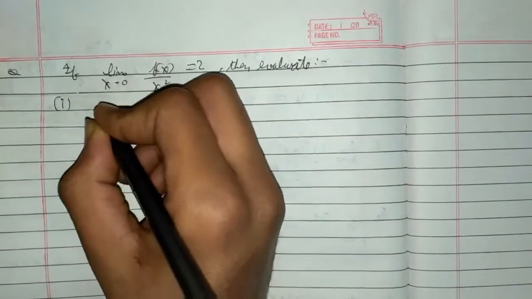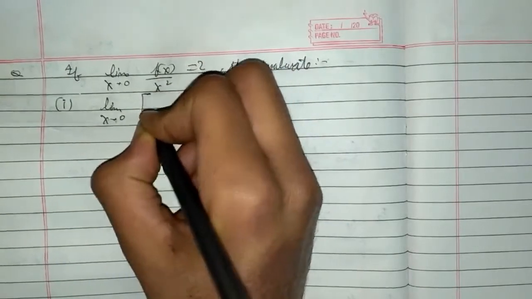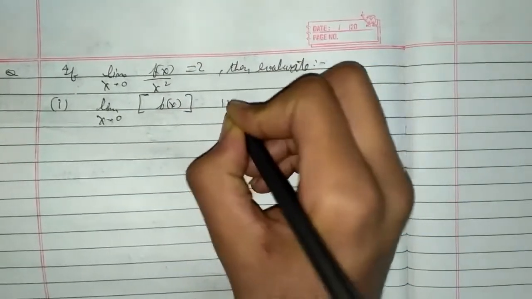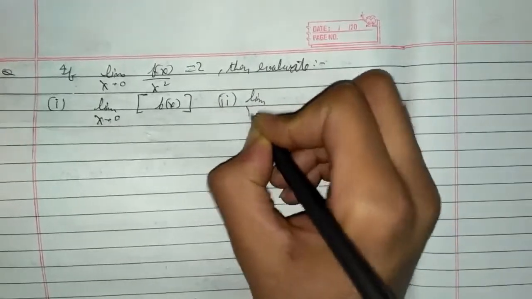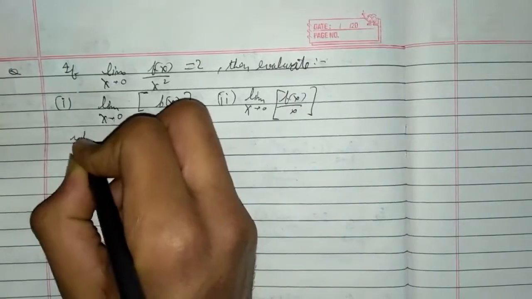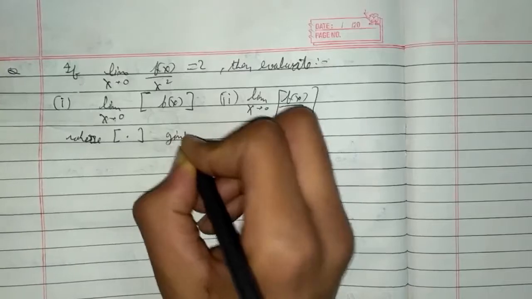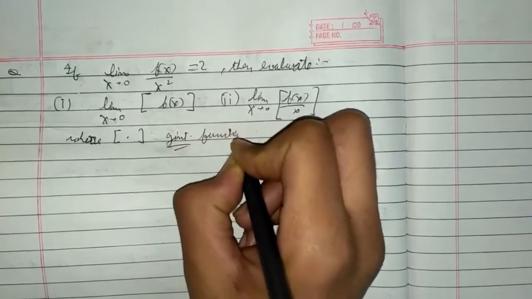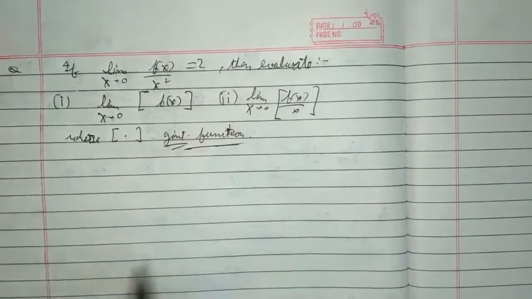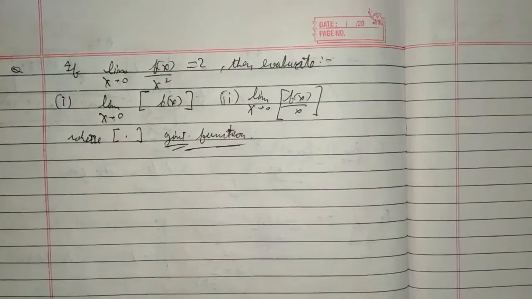First, limit x tends to 0 of the greatest integer of f of x. Second, limit x tends to 0 of the greatest integer of f of x upon x, where the square brackets represent the greatest integer function. Okay, try this, and I will start the solution after a countdown, 3 2 1. And now let's start the solution.